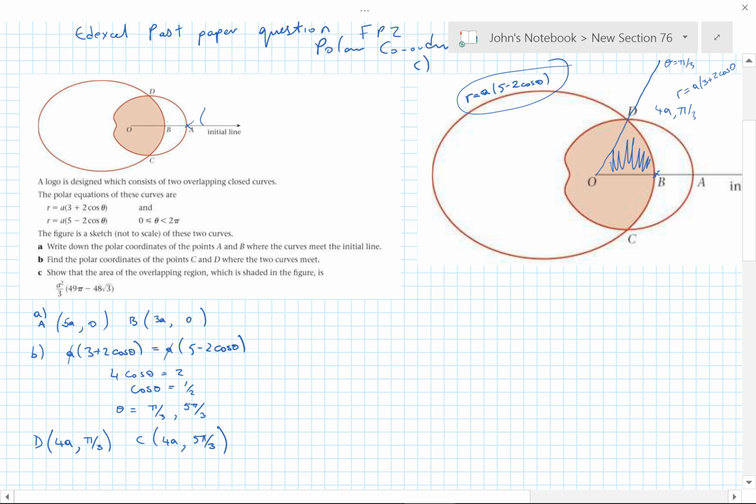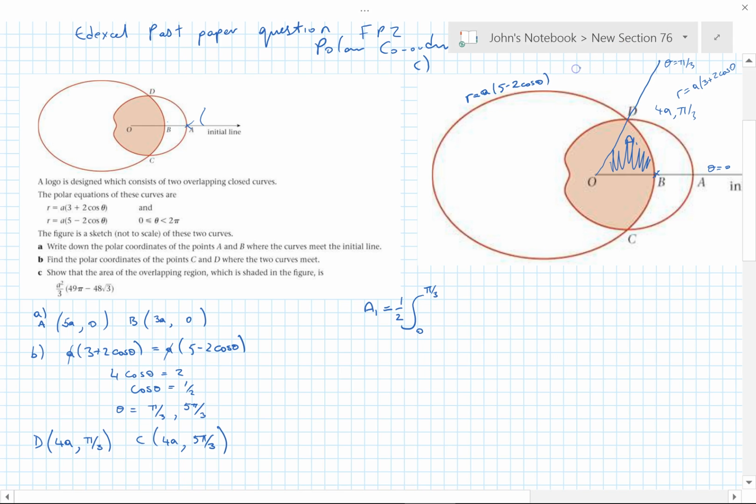Okay, so let's just annotate that. Let's call it area A1 if you like. A1 is equal to a half. Now the limits, as we say, because this is the line theta equals naught here, the initial line, we're going between the limits pi by 3 and naught of r squared, which remember for this one we're now dealing with this curve.